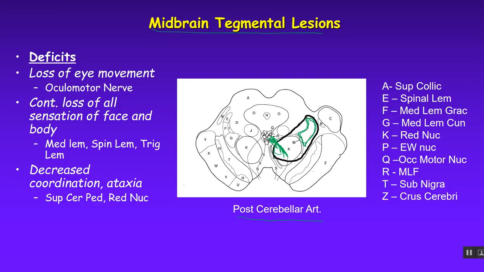So that's going to cause contralateral loss of all sensation of the face and body. So this is kind of another exception. We talked about how we often see this mixed presentation, except when you're sometimes in the midbrain, where things are already all crossed over at that point. So these lesions are a little rare. The most common lesions are going to be in the medulla, especially the lateral medullary Wallenberg syndrome we talked about.